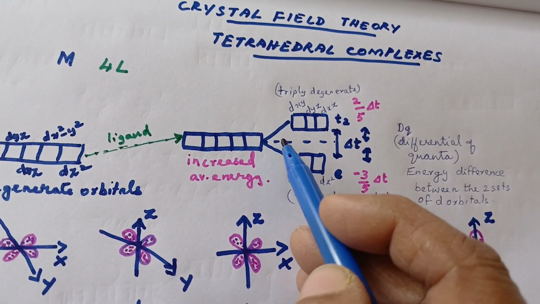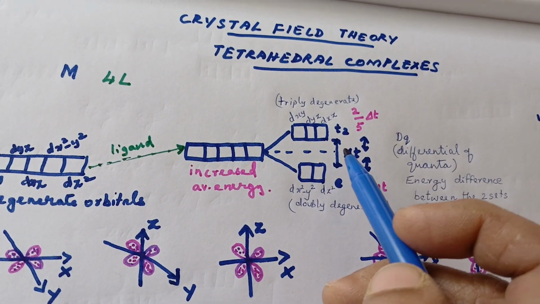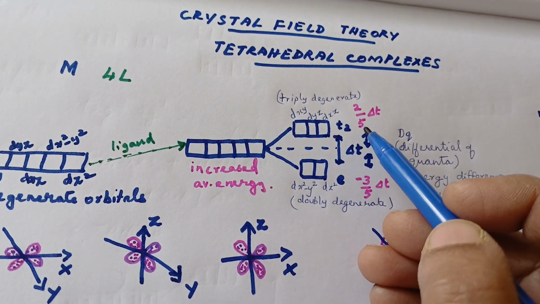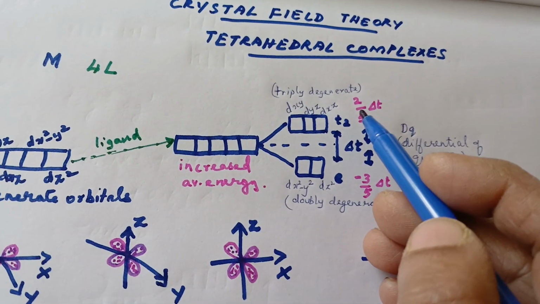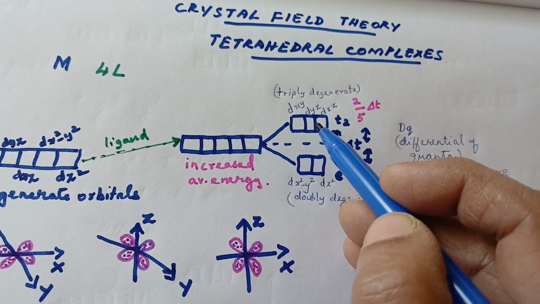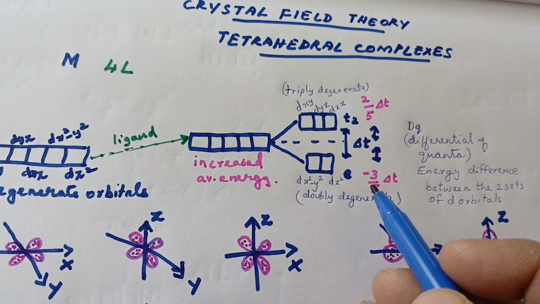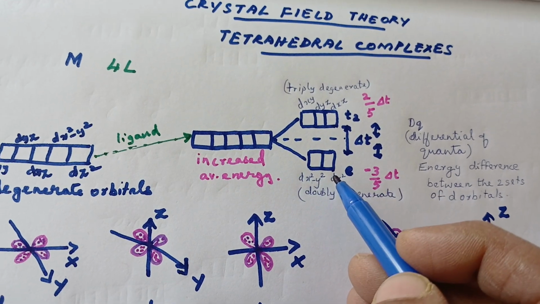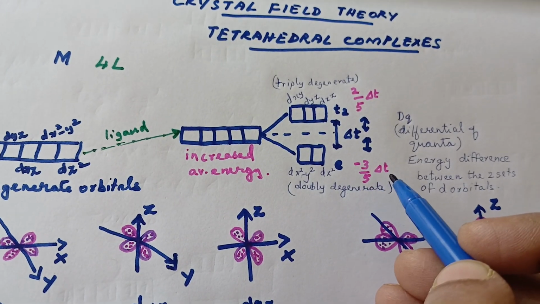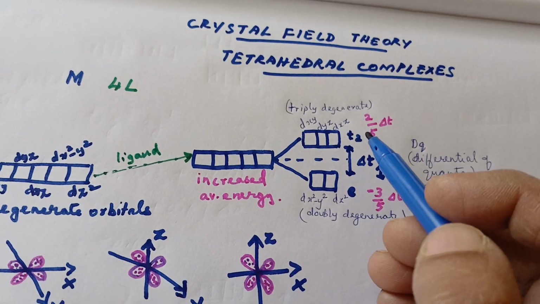So we know that the line which separates the 2 sets is called the barycenter, and the one above the barycenter has a higher energy of 2 by 5 delta T. That is, each orbital has that much energy, and the one lower than the barycenter has a lowered energy of minus 3 by 5 of delta T. Now this is for each orbital.